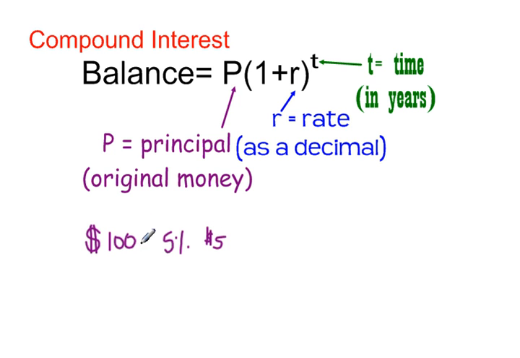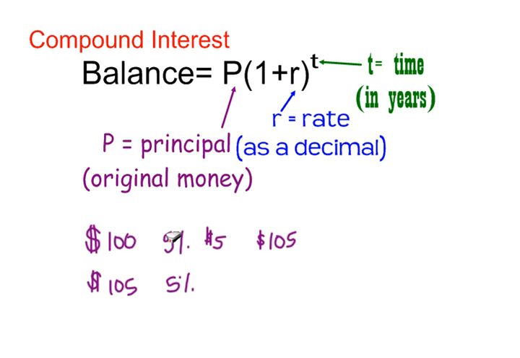So now I don't have $100 in my account, I have $105. So the following year, they're going to give me 5% based on that $105, not the 100. So in other words, I'm not earning $5 every year. The amount that I earn is going to go up a little every year because there's extra money in my account that I have earned.